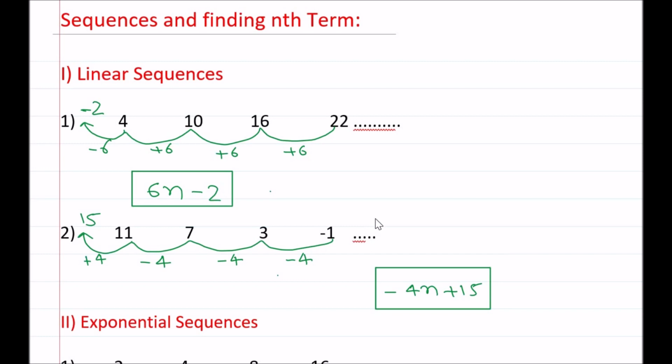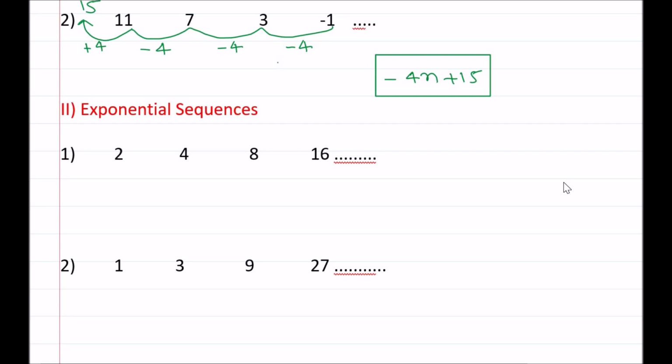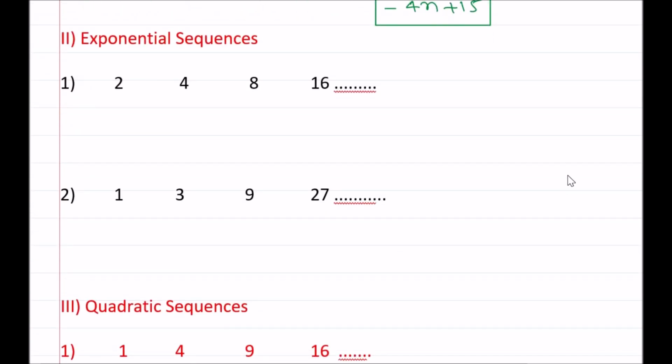Let's go to another type of sequences. Exponential sequences. Exponential sequences means a power comes in, a constant power variable. So 2, 4, 8, 16. If you see this, what is happening here?